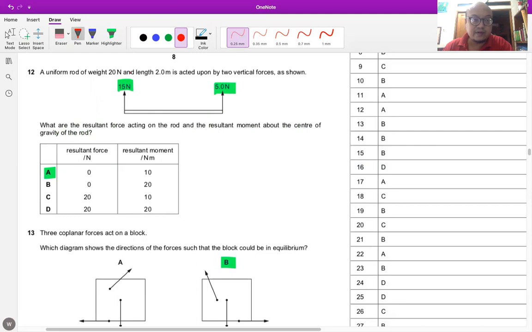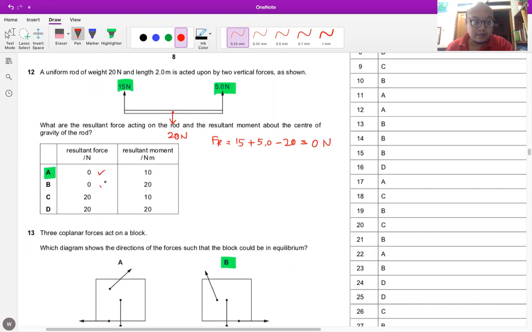The center of gravity of the rod is here, and the rod has weight 20 Newton. The resultant force equals, upward, 15 plus 5.0 and negative 20. This becomes 0 Newton.